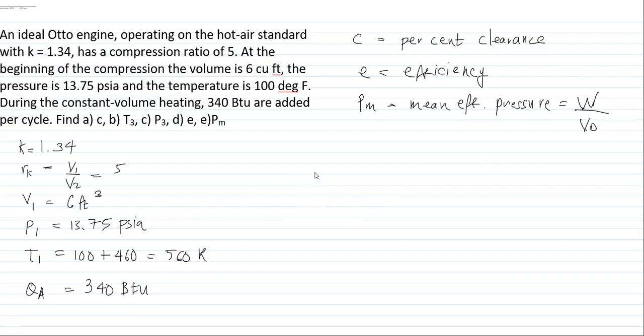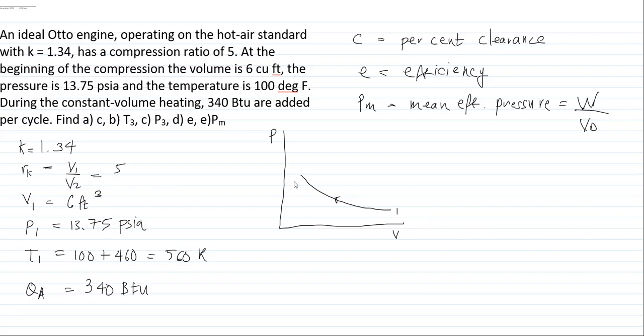So let's review our Otto cycle. This is a cycle because it is composed of different processes that return to the original state. Process 1 for an Otto cycle is an isentropic compression.